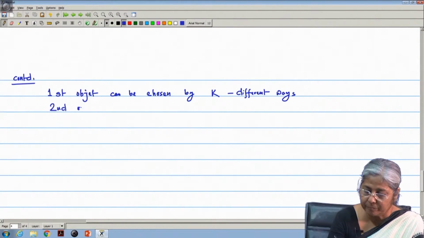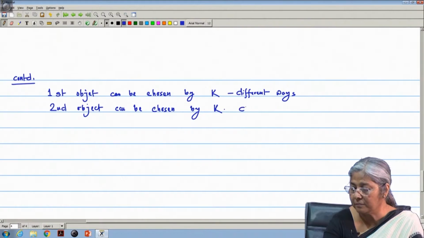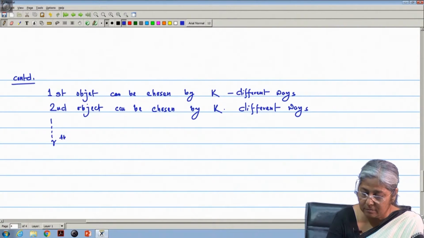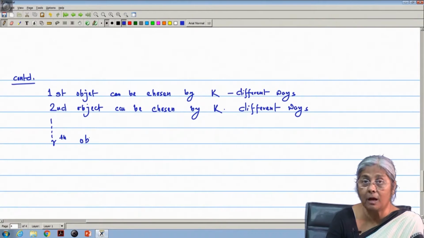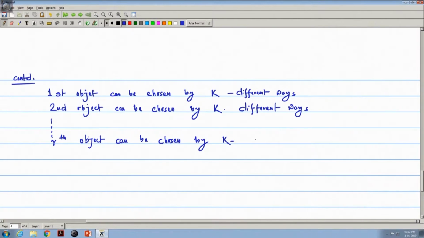Second object, again that can be chosen by k different ways, and similarly if it is rth, because it is r permutation, the rth object can be chosen by k different ways, since there is no restriction and any type of objects appears with infinite repetition.